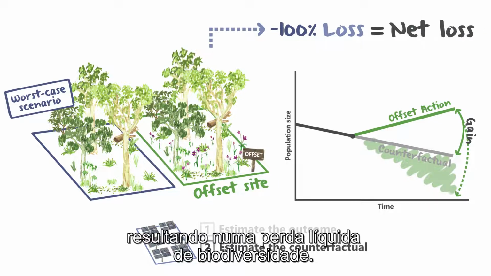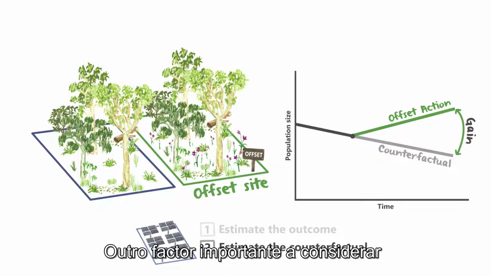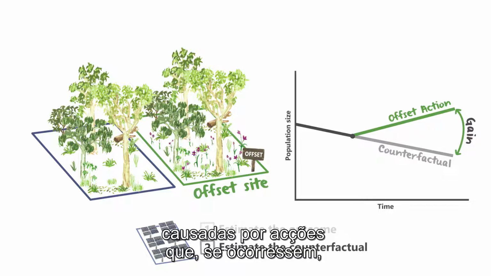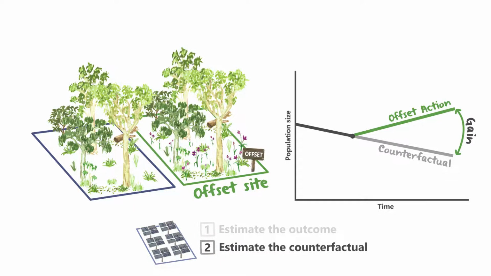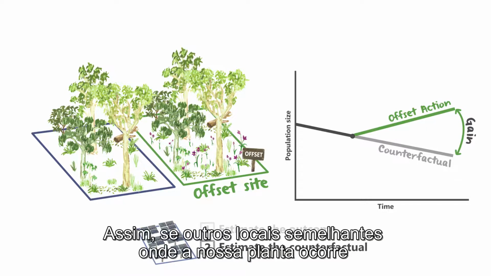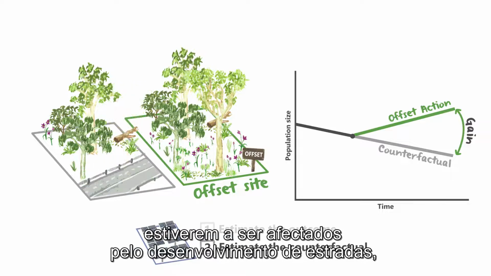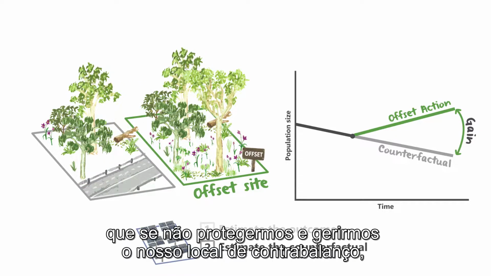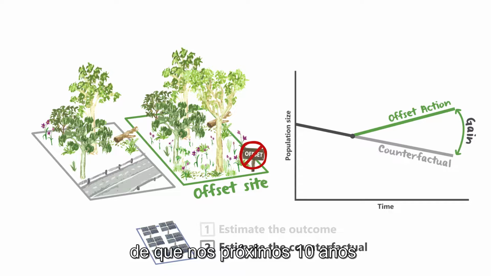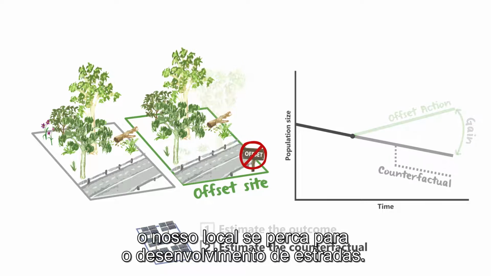Another important factor to consider is that the counterfactual scenario should not include declines or losses caused by actions that, if those actions occurred, would themselves trigger a requirement for an offset. So, if other similar sites where our plant occurs are being impacted by road development, this might make us think that if we didn't protect and manage our offset site, there is, for example, a 50% chance that over the next 10 years our site would be lost for road development.